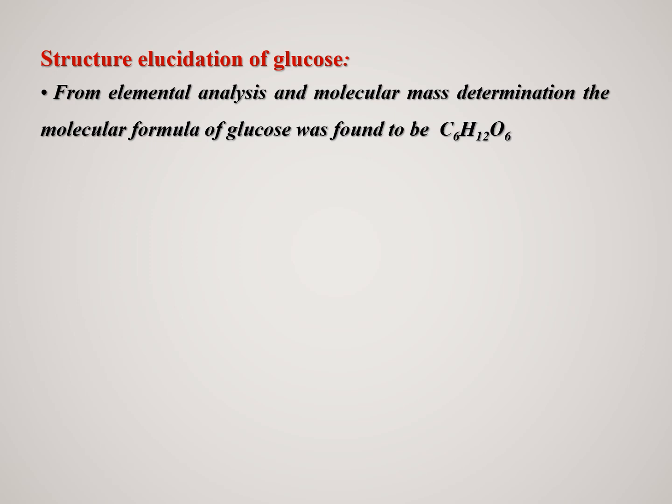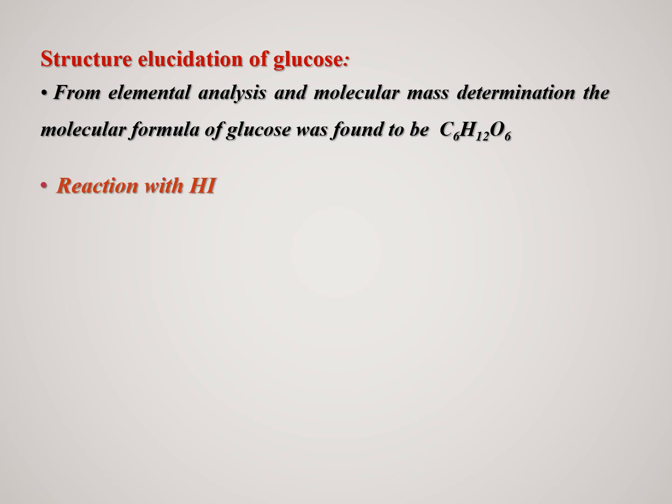So from that, we have identified the elements present in glucose to be carbon, hydrogen and oxygen, and also we have identified the number of atoms of carbon is 6, hydrogen is 12, oxygen is 6, and thus we have the molecular formula of glucose as C6H12O6. This is how we obtain the formula from the elemental and molecular mass determination.